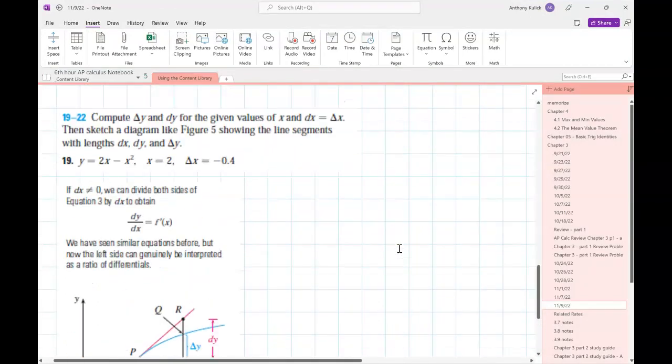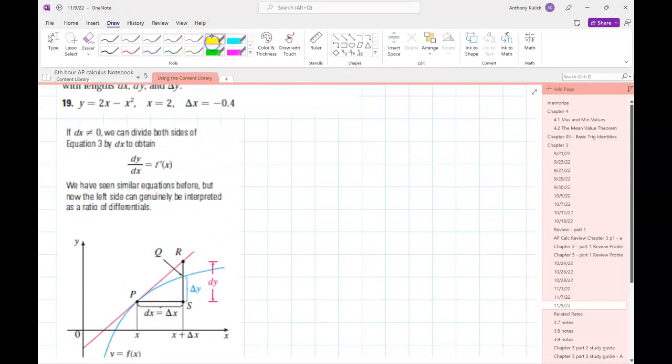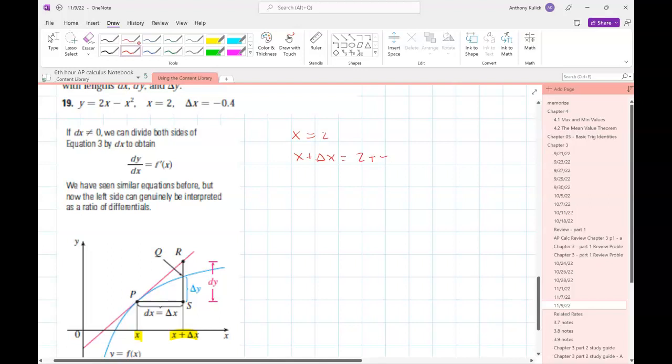All right. So the first thing I'm going to do is figure out these two values on the x-axis that I care about. Well, that's easy because I'm told x is equal to 2, and then I need to figure out x plus delta x. That's no big deal because delta x we're told.